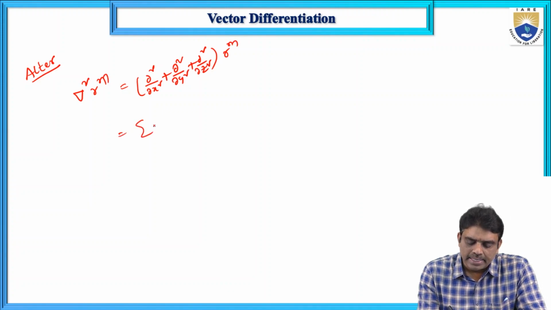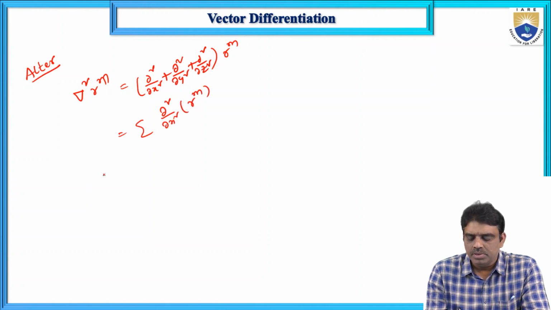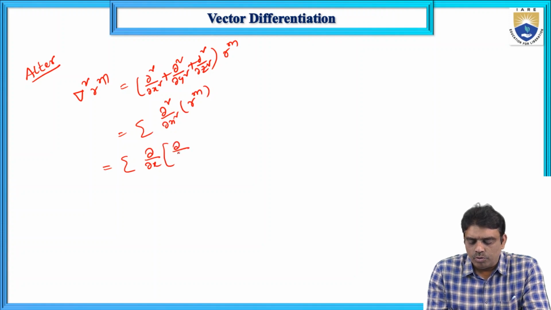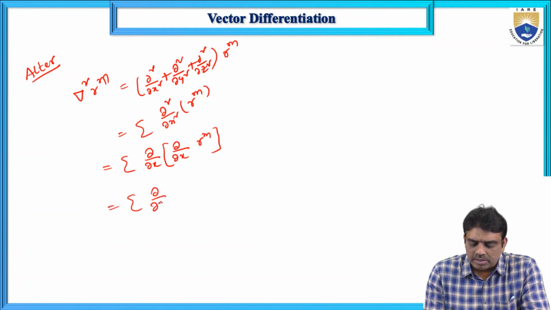So now I can write it as ∂²/∂x² of r power m. That means sigma ∂/∂x, again ∂/∂x of r power m. On differentiating, ∂/∂x of r power m is m into r power m minus 1 into ∂r/∂x.